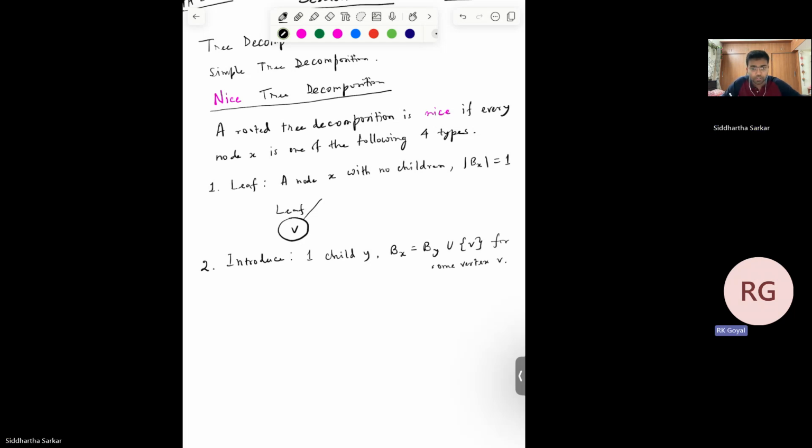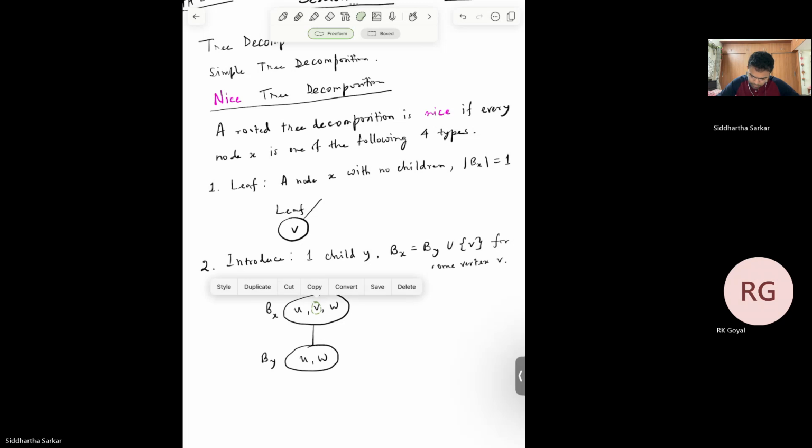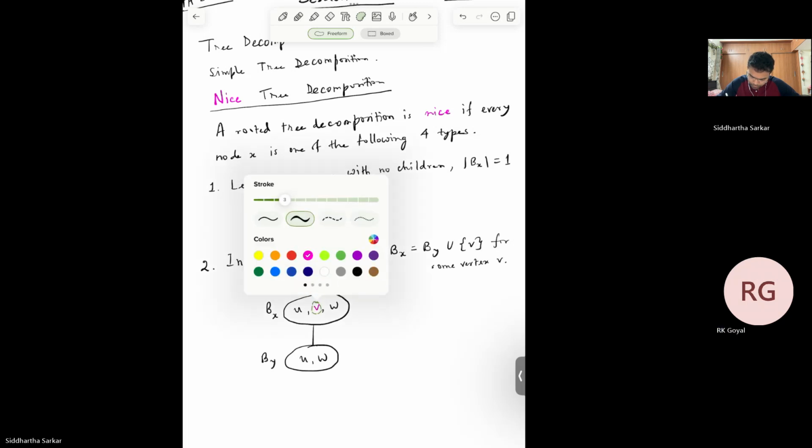So can you explain this introduce term again? Introduce means there is a node X, and this is the bag of X. In the bag of X, let us say there are three vertices, U, V, and W, and it has only one child. The child is a bag which has U and W. So compared to the bag of the child, there is one vertex extra in the node.